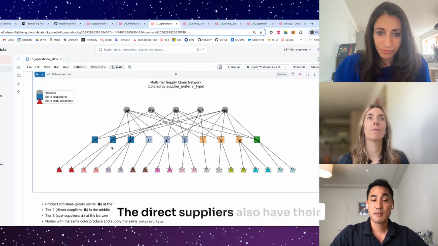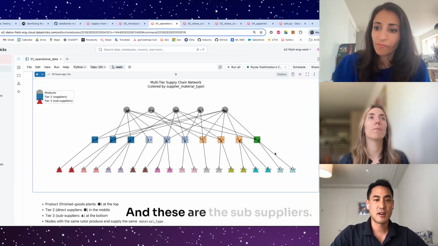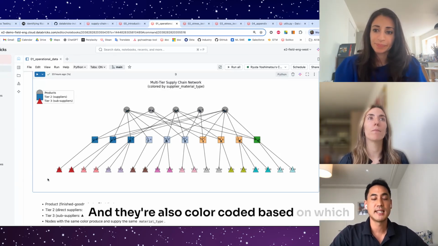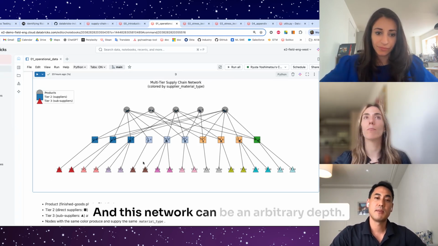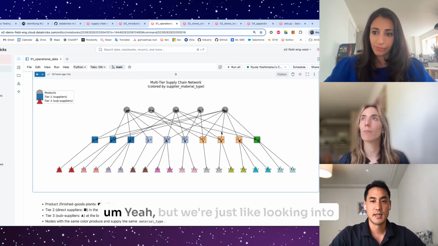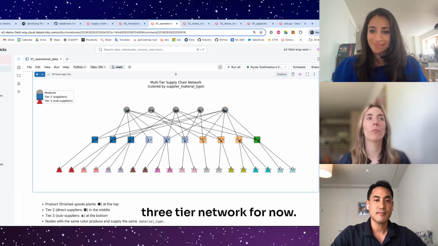And the direct suppliers also have their suppliers, so we call them sub-suppliers. And these are the sub-suppliers. They're also color-coded based on which raw material they're supplying. And this network can be of arbitrary depth, but we're just looking into a 3-tier network for now.